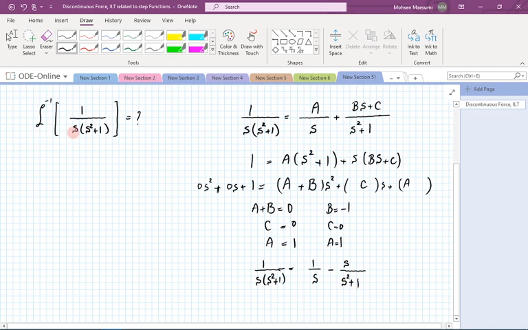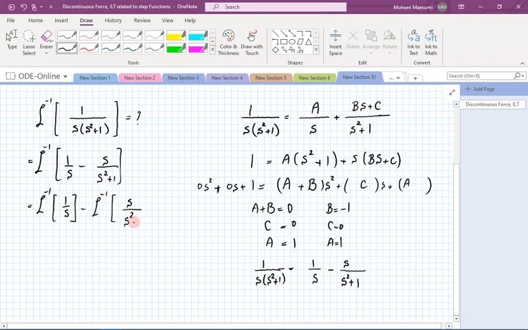So if I want to calculate the Laplace inverse transform of this, that is same as inverse Laplace of 1 over s minus s over s squared plus 1. Well, these are things that do show up in our table. If you want to break it up, well, that is easy. You break it up, and now each of these two show up in our table.